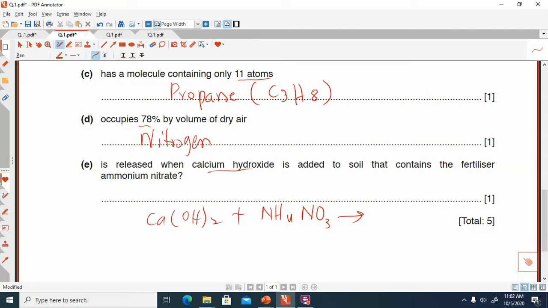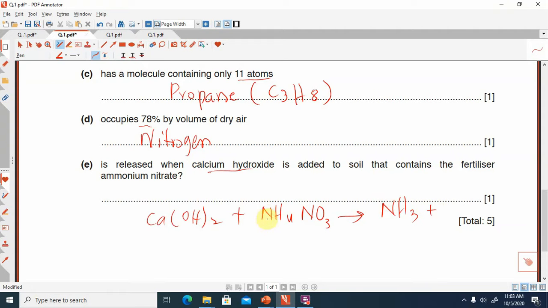So as you know, we have already discussed this topic, that you cannot add the ammonium fertilizer along with a base like calcium hydroxide or any base. Then what will happen, the ammonia gas will be produced and it will be part of the environment, and the soil fertility will be decreased.